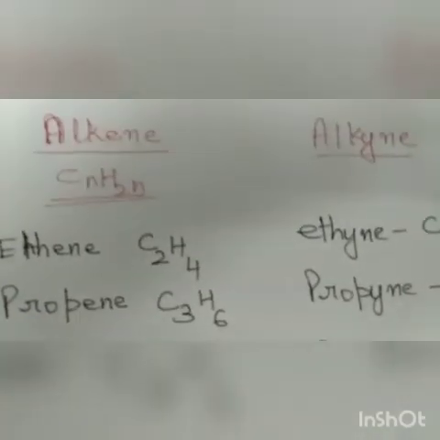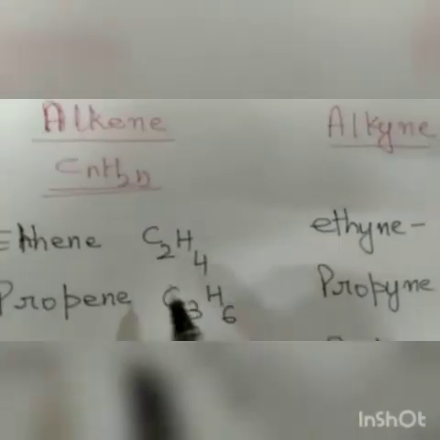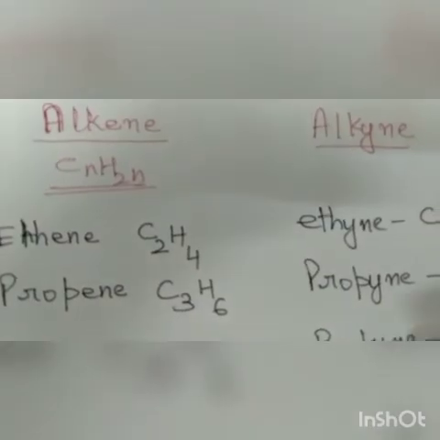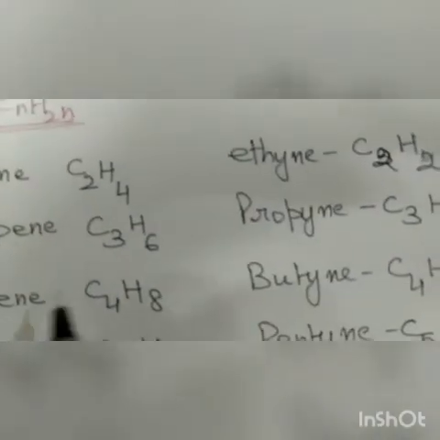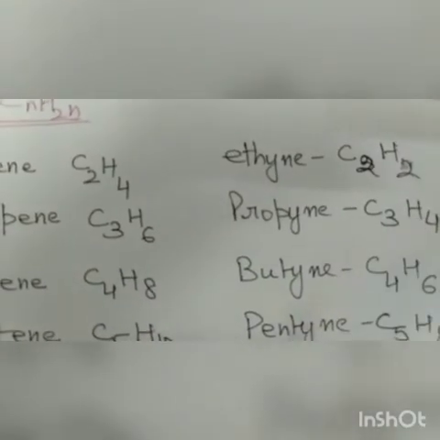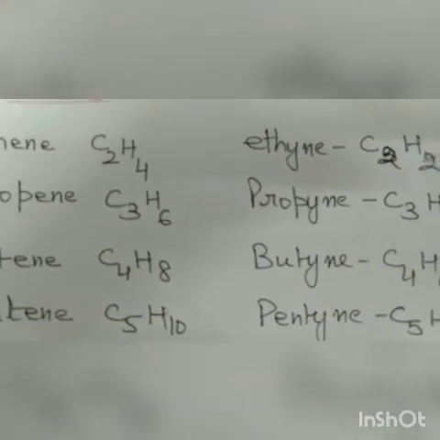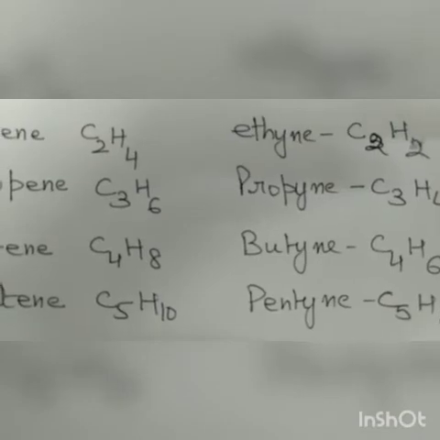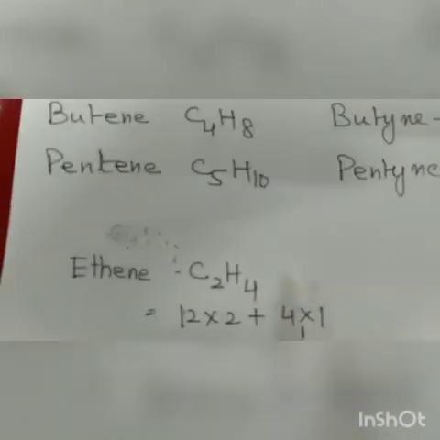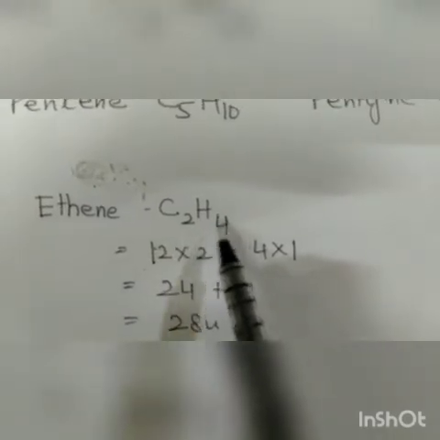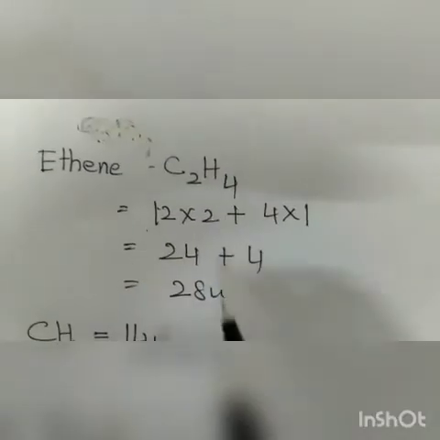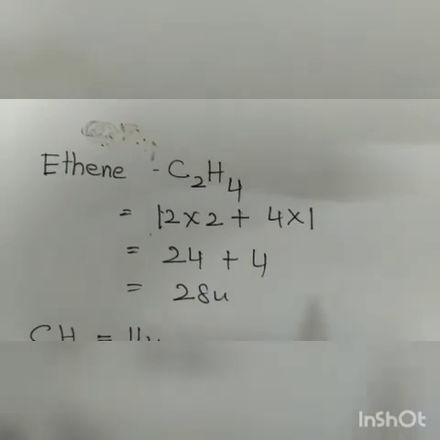In the same way you can do it for alkenes and alkynes also. Ethene is C2H4, ethyne is C2H2, propene is C3H6, propyne is C3H4, butene is C4H8, butyne is C4H6, and so on. Now take the case of ethene. Ethene is C2H4, so what is its molecular mass? That is 28 units.